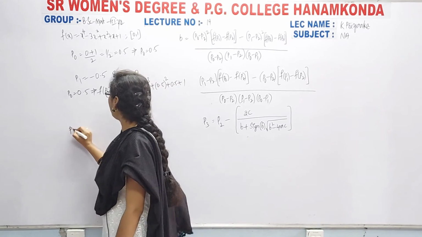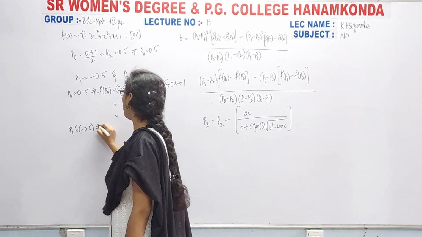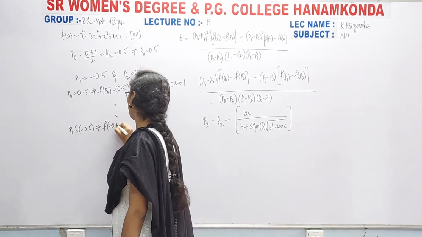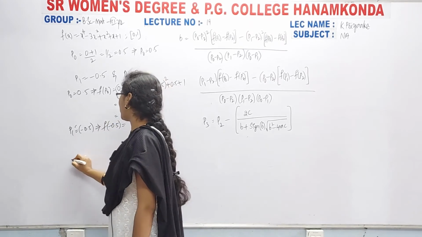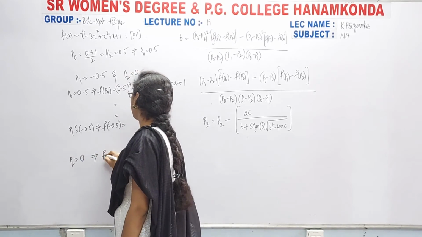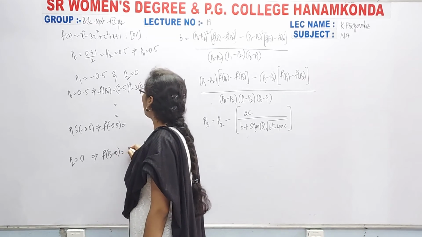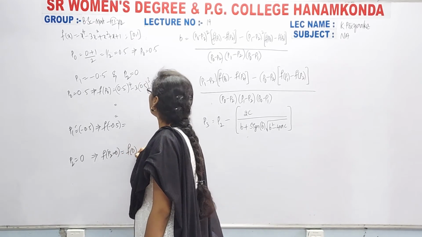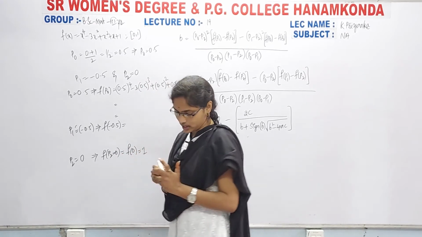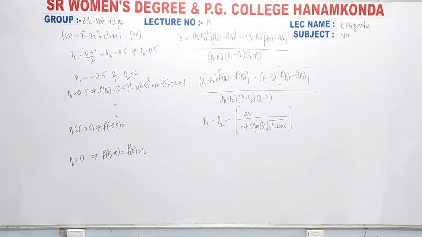Next P1 is equal to minus 0.5, then f of minus 0.5. In the same way P2 value is 0, so finally f of P2, which is f of 0, is equal to 1, okay. So now I will calculate by using the calculator.